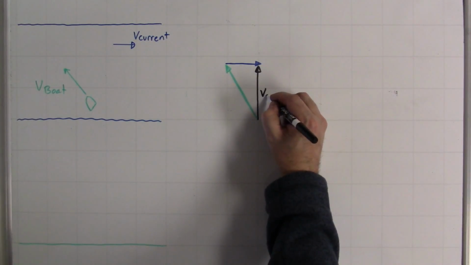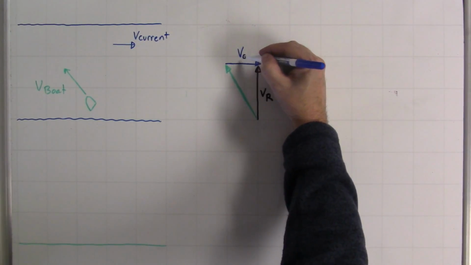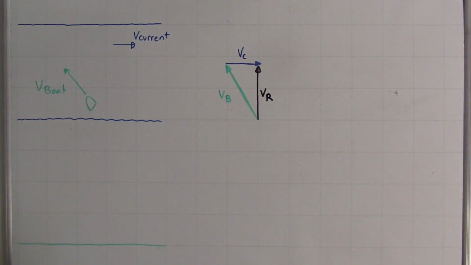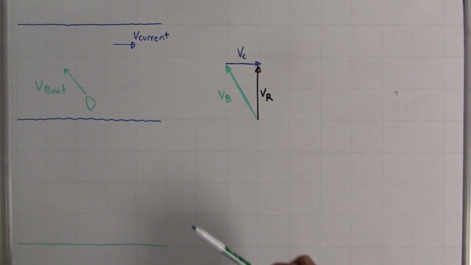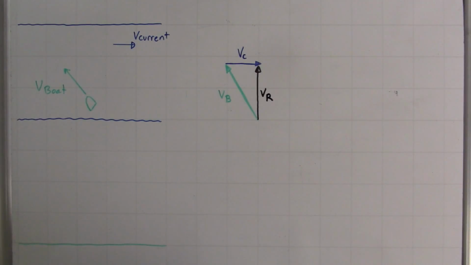So here is the resultant velocity. This is the current, and this one is the boat. When you look at this problem, this time the boat's velocity is actually the hypotenuse of my triangle, where the resultant is actually a leg. So the way we set this problem up is going to be a little bit different.